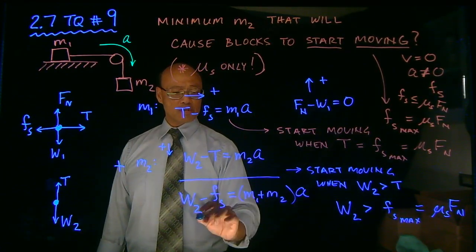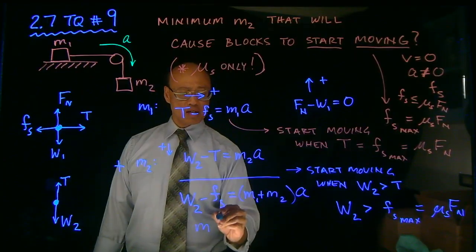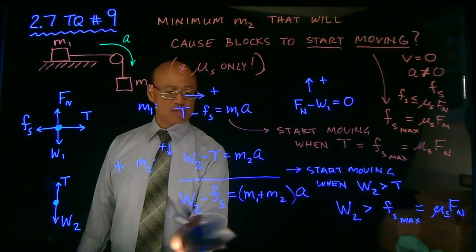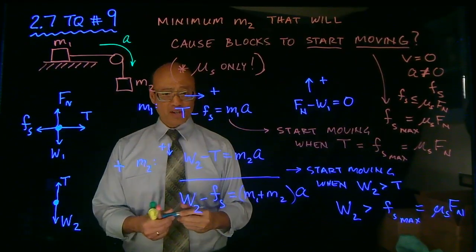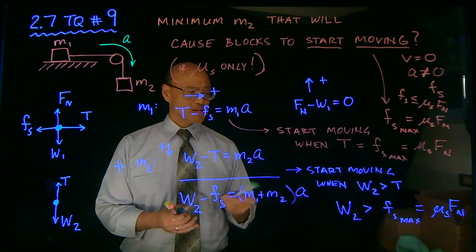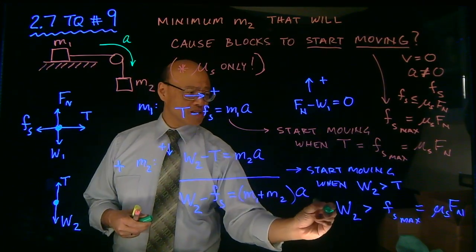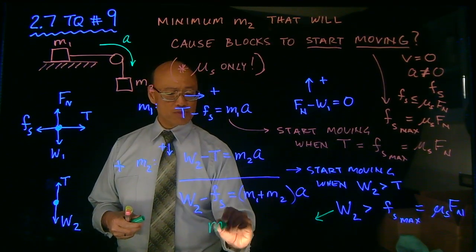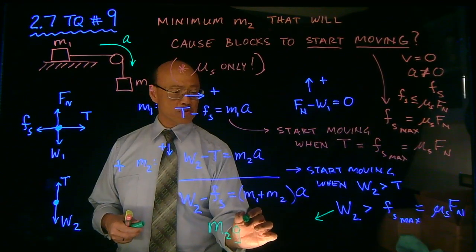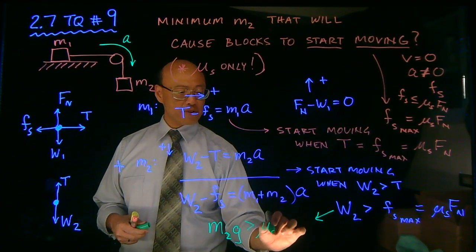Well, what's W2? W2 is just M2g. So let me go to a different color so it's easier to see. And we see that M2g has to be greater than mu s Fn.